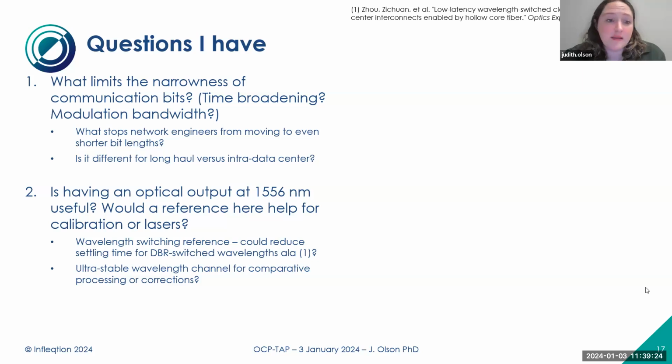It sounded like the settling time was some number of tens to hundreds of nanoseconds, and if you had a reference, I'm used to seeing some of these phase locks occur much faster than that. So that could reduce some of the time it takes to actually switch between, you know, a 0 and a 1.